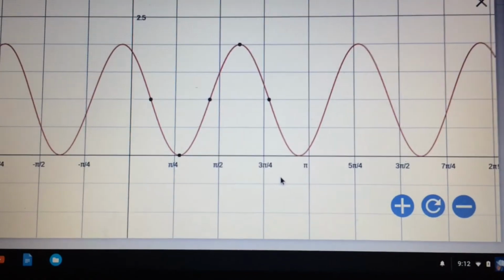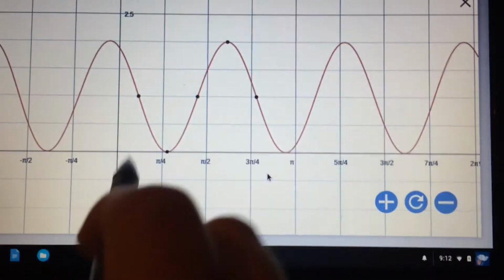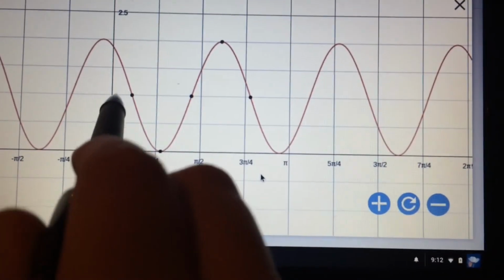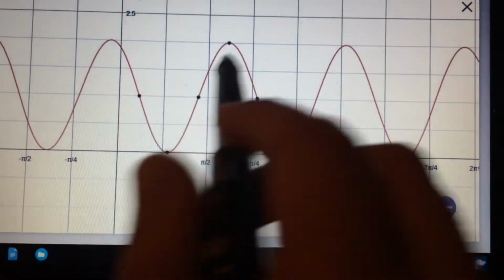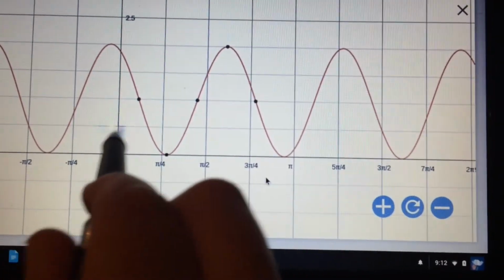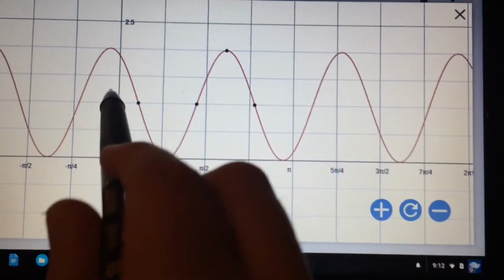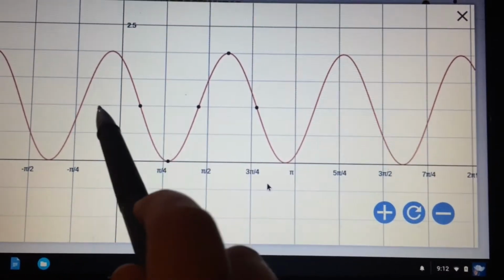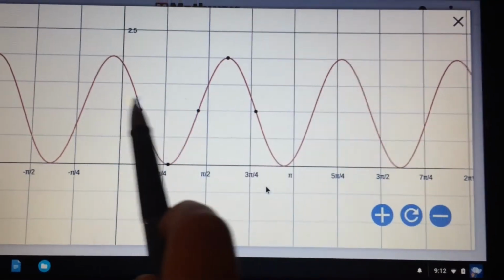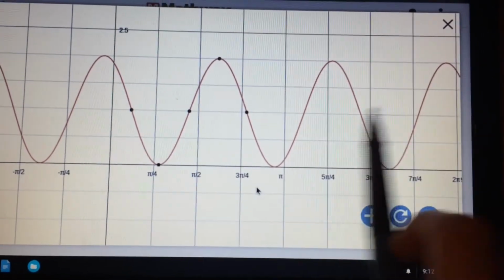And also stating the vertical shift from 0, which is right here, will now be 1. So the vertical shift will be 1. So this is the new midline of the graph.